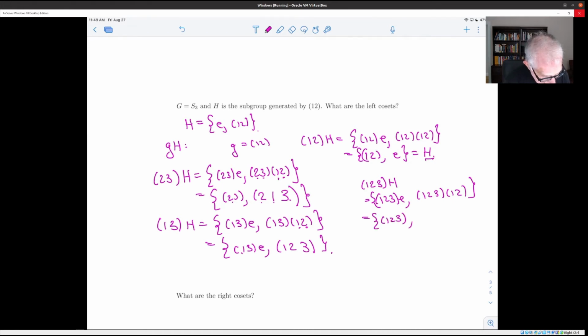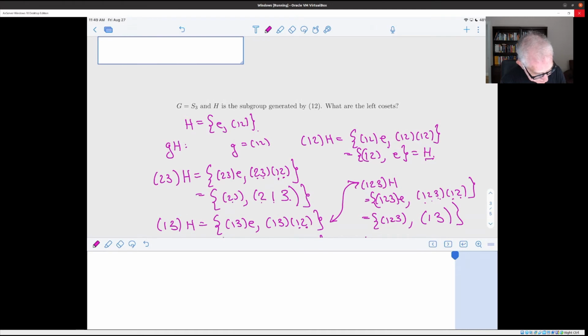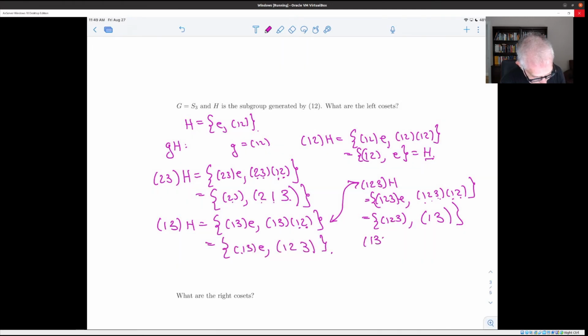And then here you have, let's see, 1 goes to 2 goes to 3. 1 goes to 2, which goes to 3. 3 goes to 1. So you have (1 2 3)(1 3), which is actually the same as this one. And if you do (1 3 2)H, you'll find that it's actually the same as that one. And I think those are all the possibilities.